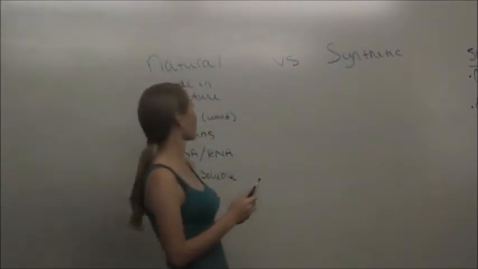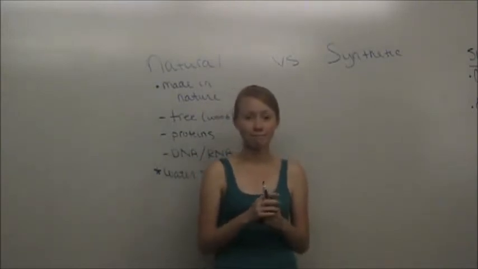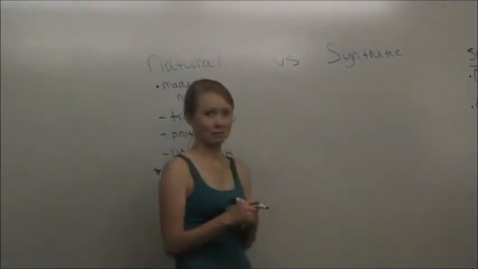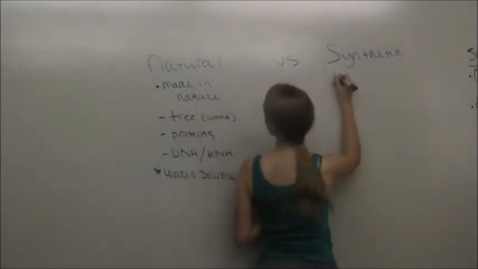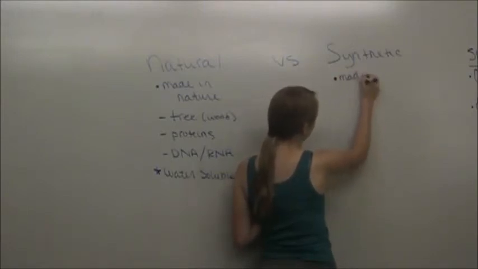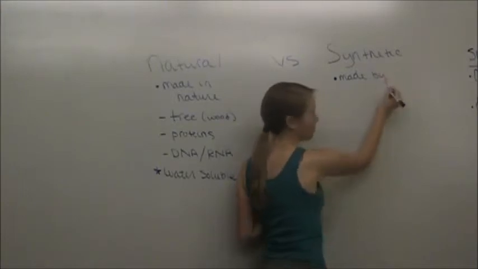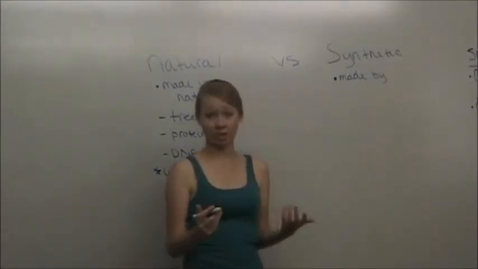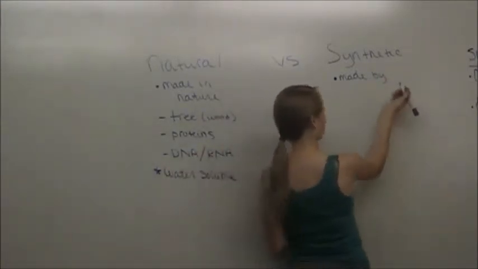So what do we think a synthetic polymer would be? Made by someone. So who do you think would make this? Like a scientist. A scientist or even engineers make them, or design them at least.